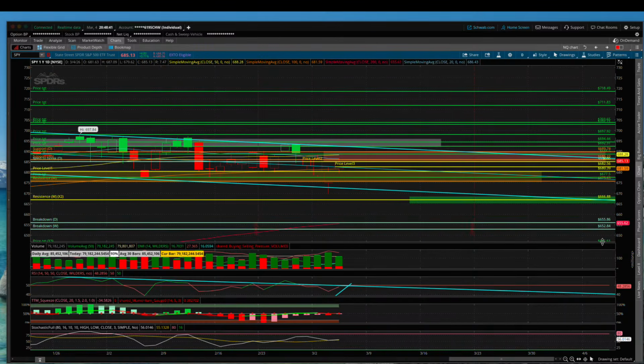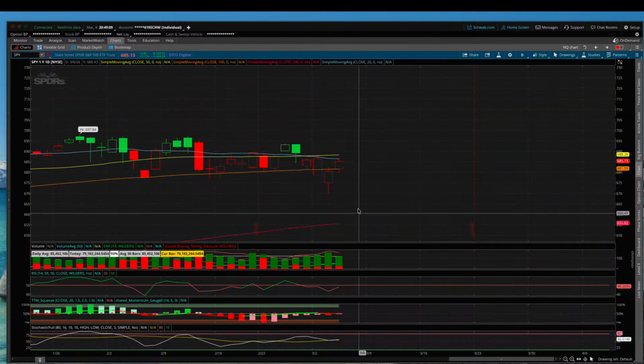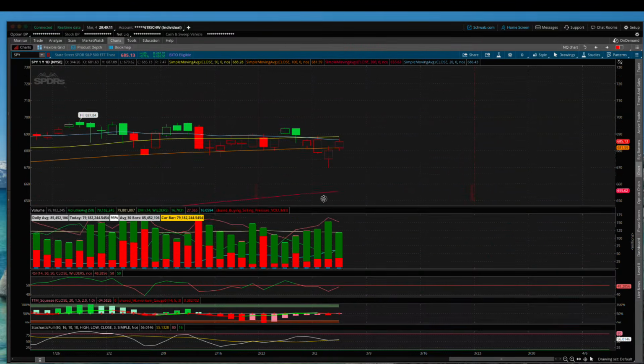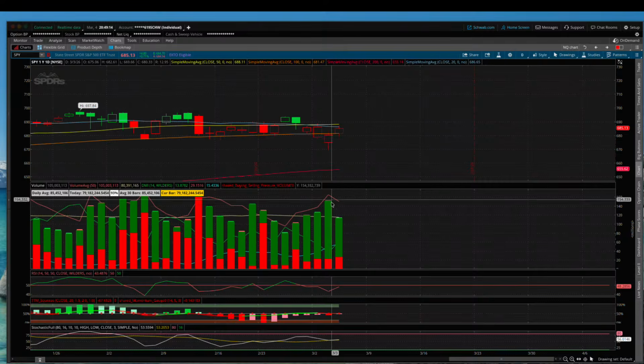That's where I wanted to hit, even though our 200 SMA is a little lower than that at 655. This area here is very, very strong support. But as you can see, the volume here on the daily, we got a lot of volume on this daily candle right here.